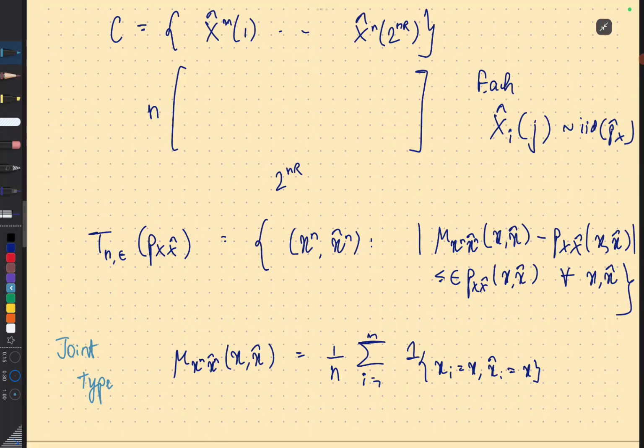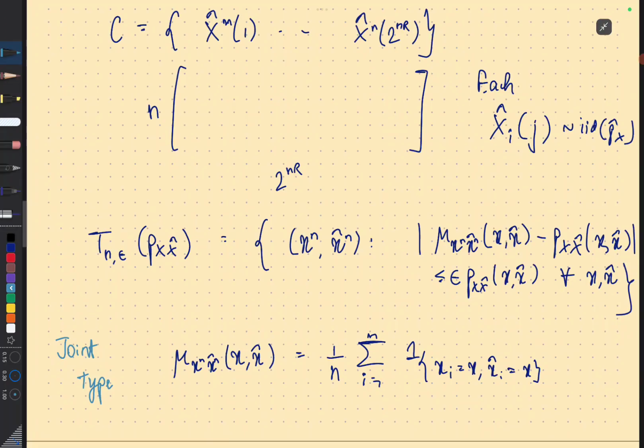If I take two IID sequences of correlated random variables, x^n and x hat^n, where each pair (x_i, x hat_i) is distributed according to P x x hat, then the joint empirical frequency should also be close to their true probabilities.